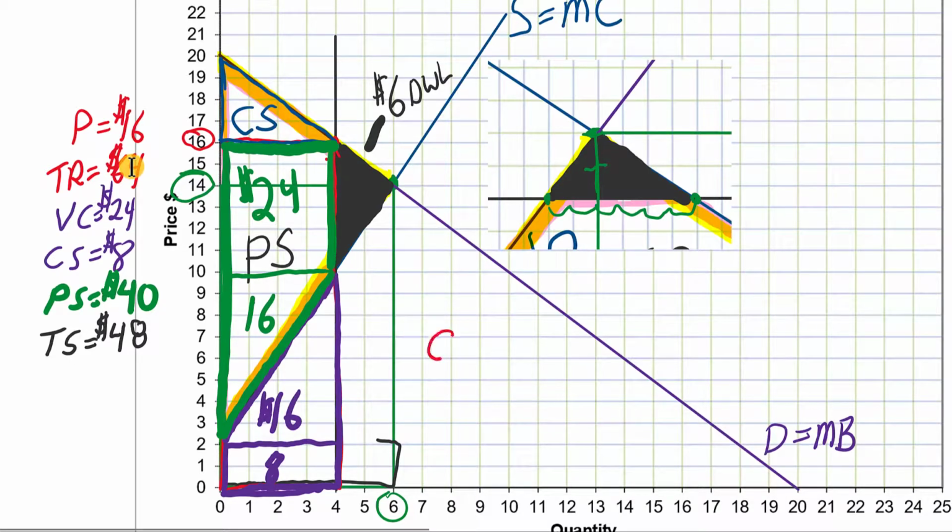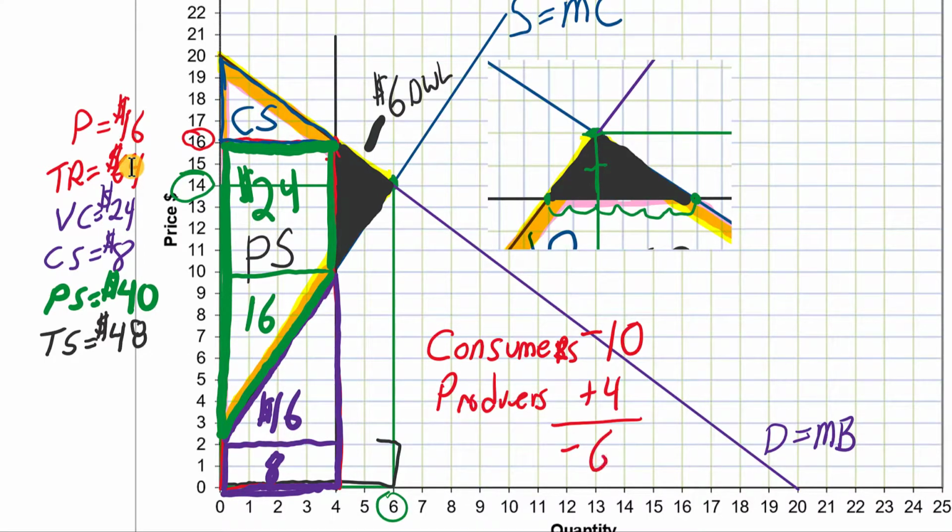So if we just do the little calculus here of seeing who is how much better or worse off, consumers lost $10 in surplus, and producers gained $4, a net loss of $6 of surplus. So economists are not going to be judgmental if consumers are worse off and producers are better off.